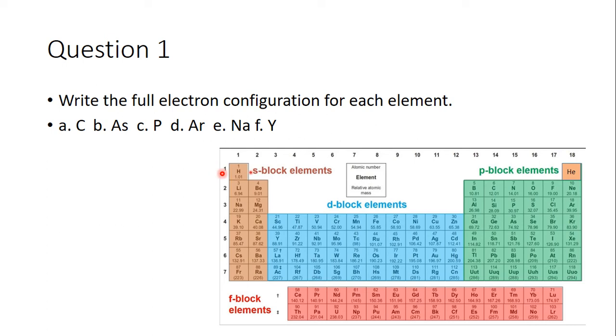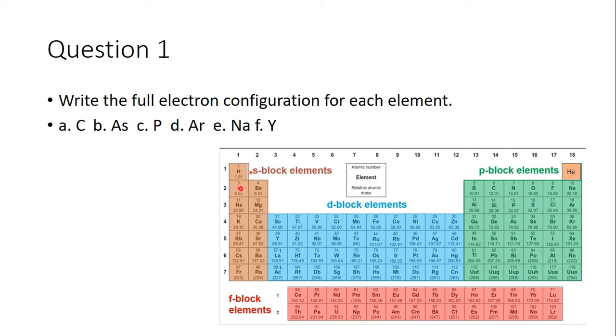So we start with hydrogen. That's the first element in the S block in row 1, so that's 1s1. Helium is the second element in the S block. Even though helium's all the way over here on the periodic table, it's part of the S block. It is the second element in the first row of the S block, so that's 1s2.